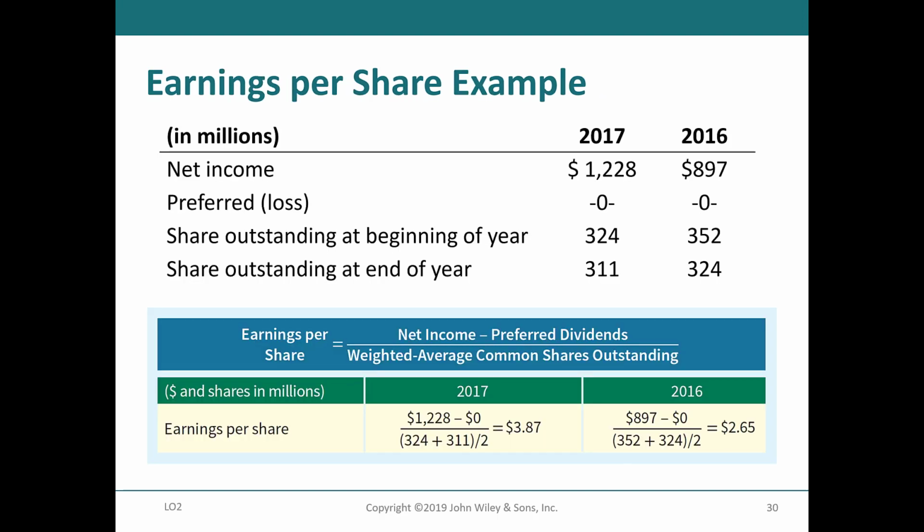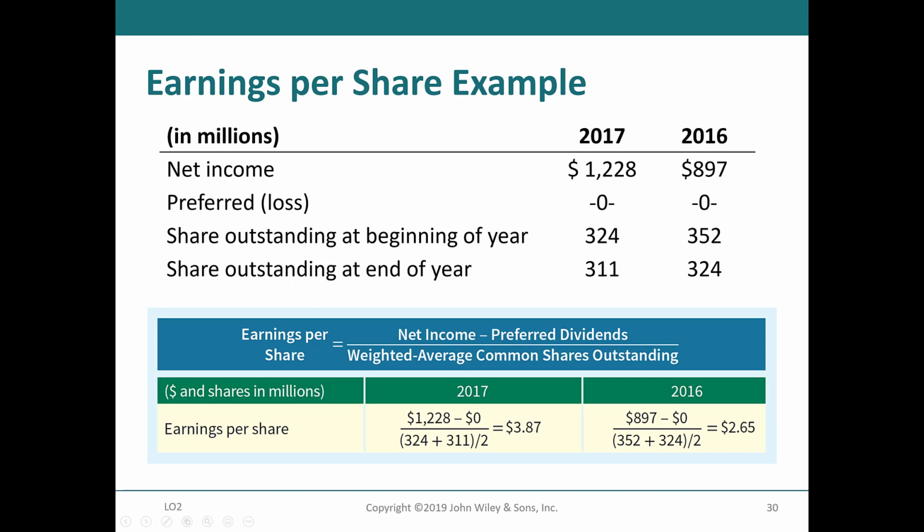All right, so how do we calculate our earnings per share? Net income minus preferred dividend divided by the weighted average common shares outstanding. So we have our net income minus the preferred dividends. So in this case, we don't have any preferred shares. Divided by the 2 years, the beginning outstanding shares and the ending outstanding shares.